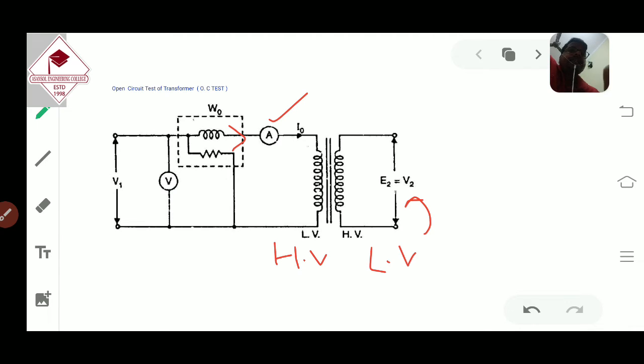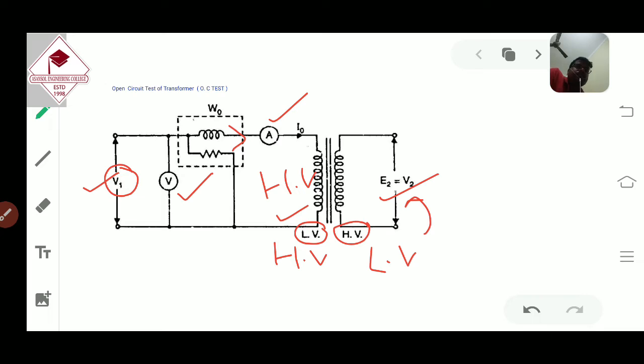And the second reason is, if this is a high voltage winding, the voltage at the primary side will be too high to be measured by this voltmeter directly. So this is the reason why we keep this high voltage winding open and we connect supply and all the meters to the low voltage winding. Hope you understood the reason. This is the conclusion.